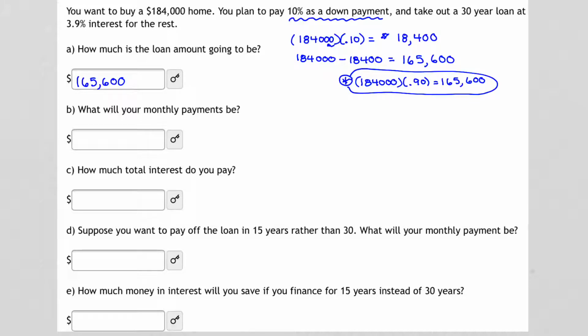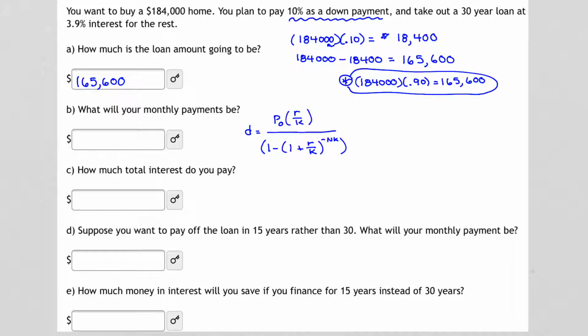Now, what will our monthly payments be? Well, now that we have our loan amount, we can use our loan formula to get our monthly payments. Specifically, if we look on our formula sheet, we'll see that under the loan section, in order to calculate monthly payments, we can use the formula that says D equals P sub 0 times R over K divided by the quantity of 1 minus 1 plus R over K raised to the minus NK.